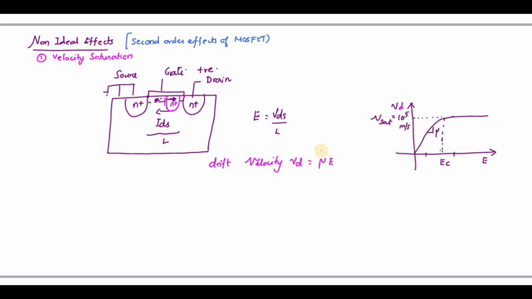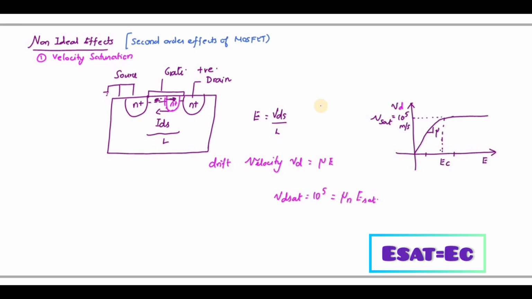That is called Vd saturation, and the Vd saturation value is nothing but 10 power 5 meter per second. So I can write Vd saturation is equal to mu n into E saturation, since it is an NMOS.